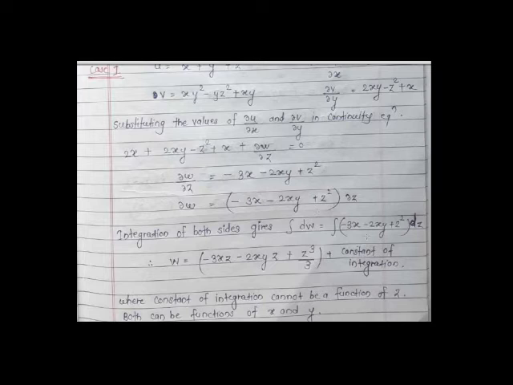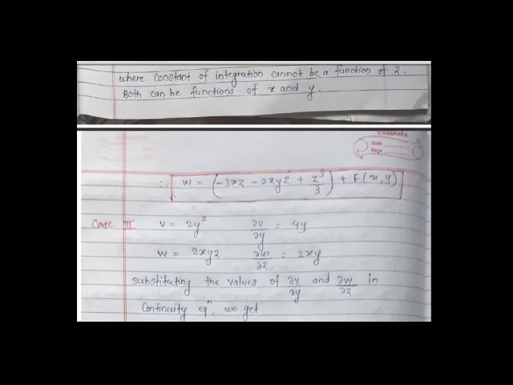Integration of this will be w is equal to minus 3xz minus 2xyz plus z cubed by 3 plus a constant of integration. This is an answer, but we have to find the constant of integration. Here the constant of integration cannot be a function of z; it will be a function of x and y.